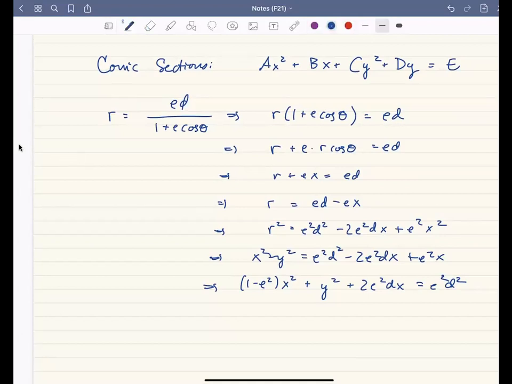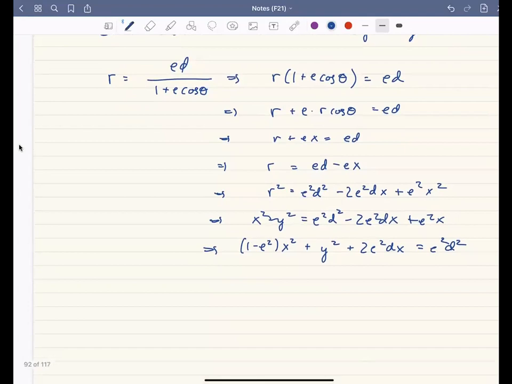So again, circles are a little bit strange here, but if e is a number between 0 and 1, say a half, then think about what's going to happen with 1 minus e squared. If e is something like a half, then this expression, 1 minus e squared, is going to be positive. And if this is positive and the y squared term is positive, then you end up with the ellipse, just like we talked about before.